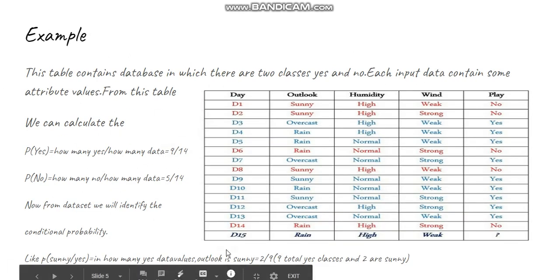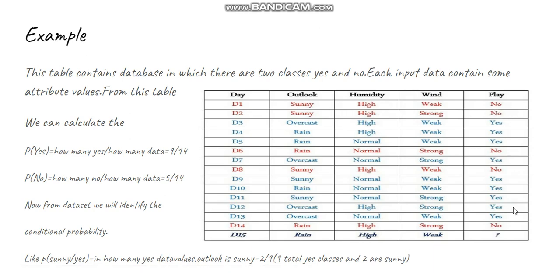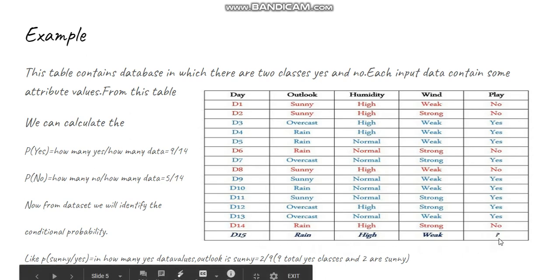Let us see this one. Here you can see we have 14 data items for which some values are given, and we know the correct classes. We want to know the correct class for this one. It means this has already appeared, and you want to identify the correct class. So this is P(A|B).